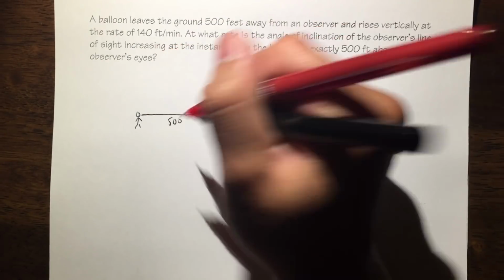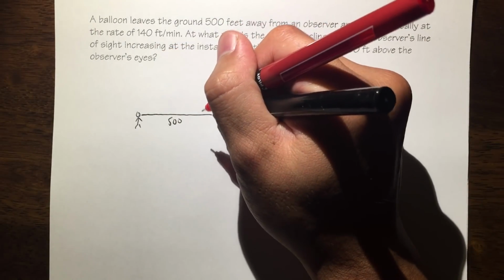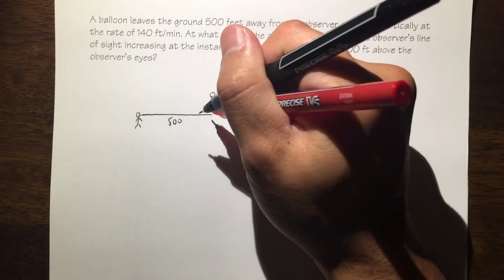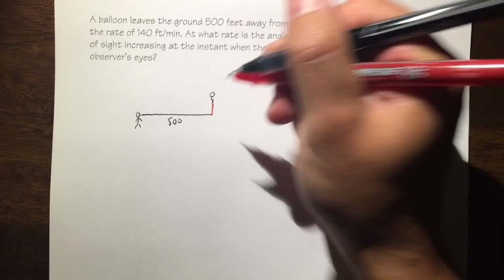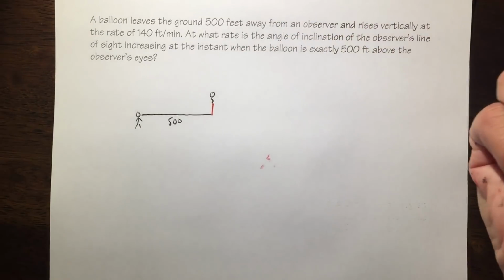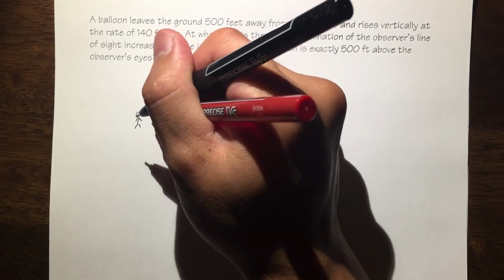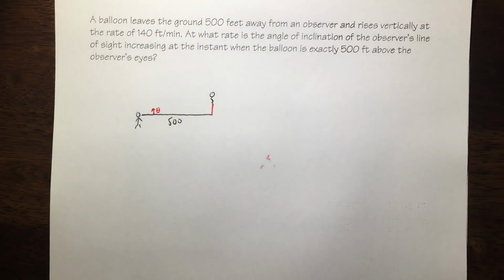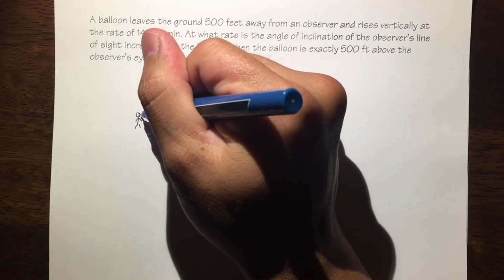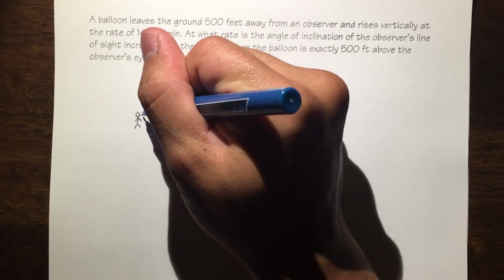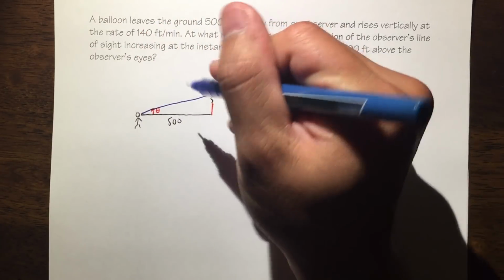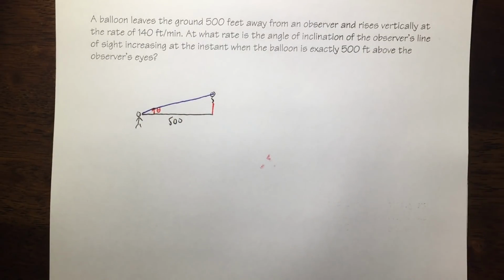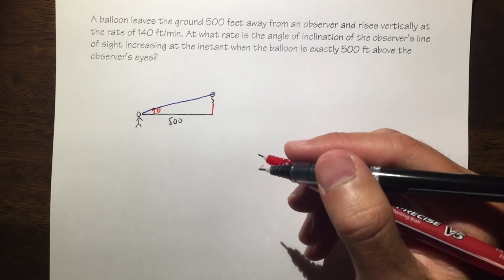Then you have the balloon that's going up, so let me first draw the balloon right here and label this part as the part the balloon is going up. We also want to keep track of the angle, so I'll call this angle theta. From the eye directly to the balloon is the line of sight. So this is pretty much the picture.